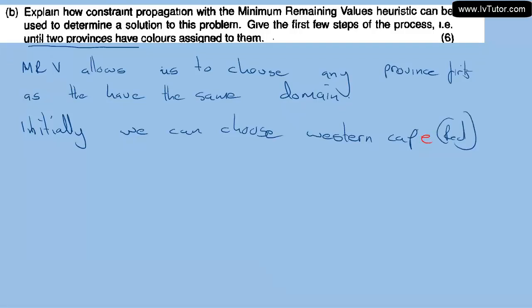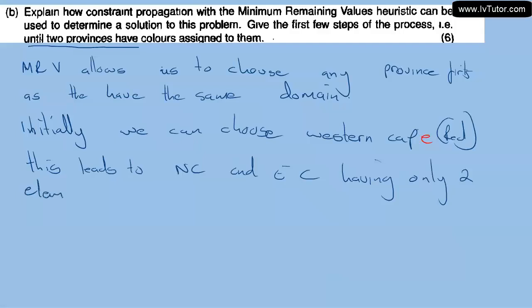This leads to Northern Cape and Eastern Cape having only 2 elements in their domain. Okay. Only 2 elements in that domain, so it will be green and say blue.